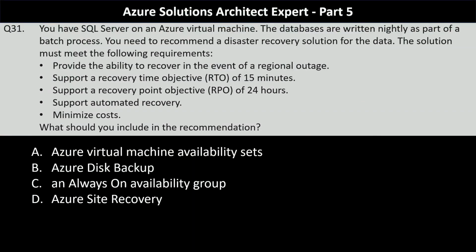This is question number 31 of the series. You have SQL Server on an Azure virtual machine. Databases are written nightly as part of a batch process. You need to recommend a disaster recovery solution for the data. The solution must meet the following requirements: provide the ability to recover in the event of a regional outage, support a recovery time objective, which is RTO, of 15 minutes, support a recovery point objective, which is RPO, of 24 hours, support automated recovery, and minimize costs.